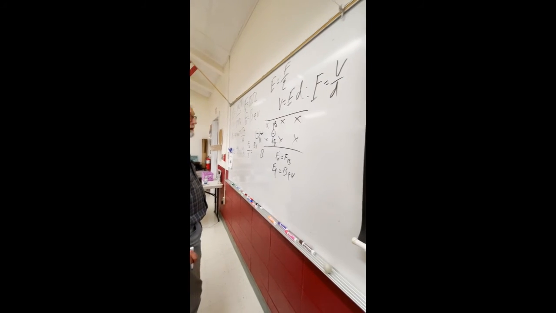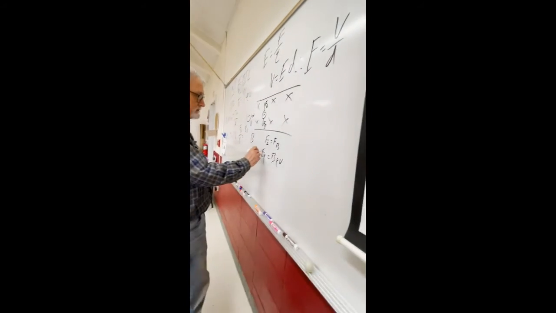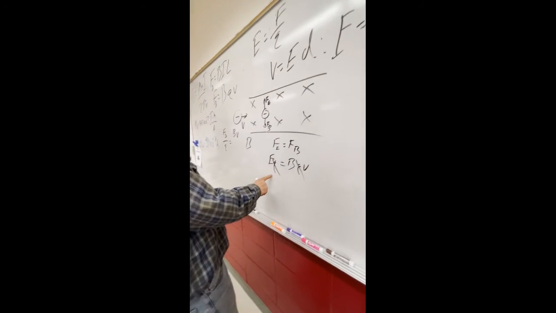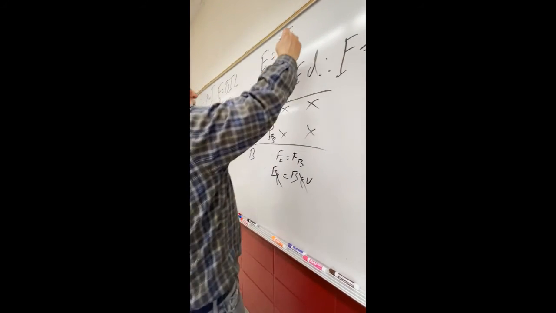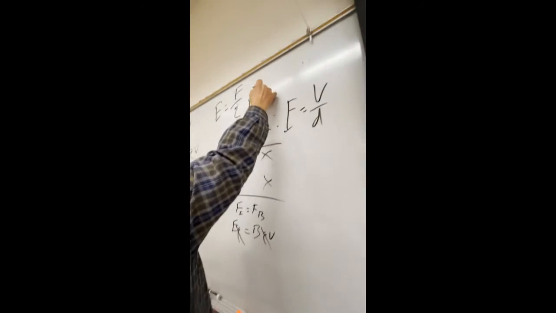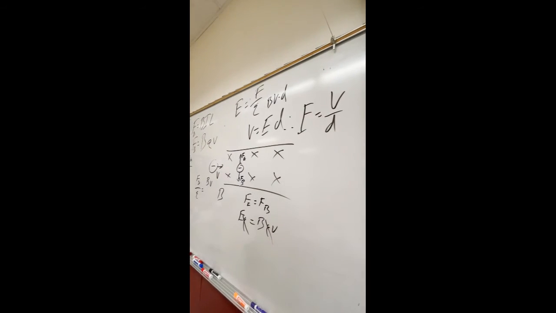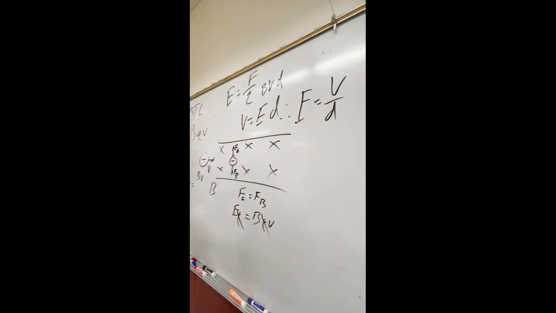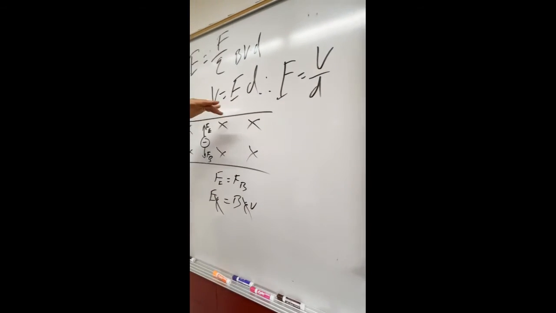Check this out: q cancels. Look at that, so E is BV, and this is BV times d, which gives us a voltage, because voltage is Ed for the capacitor.